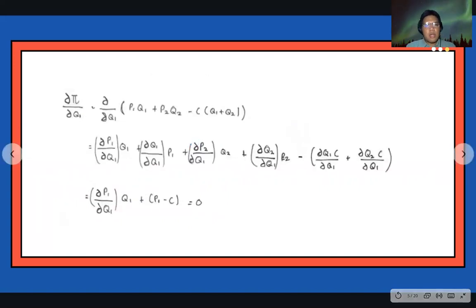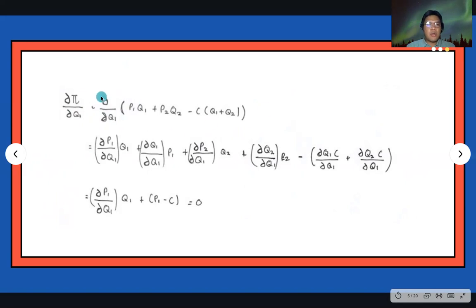So let's find the derivative of pi with respect to Q1, for country 1. This is called the first order condition. The first order condition is the same as the partial derivatives.